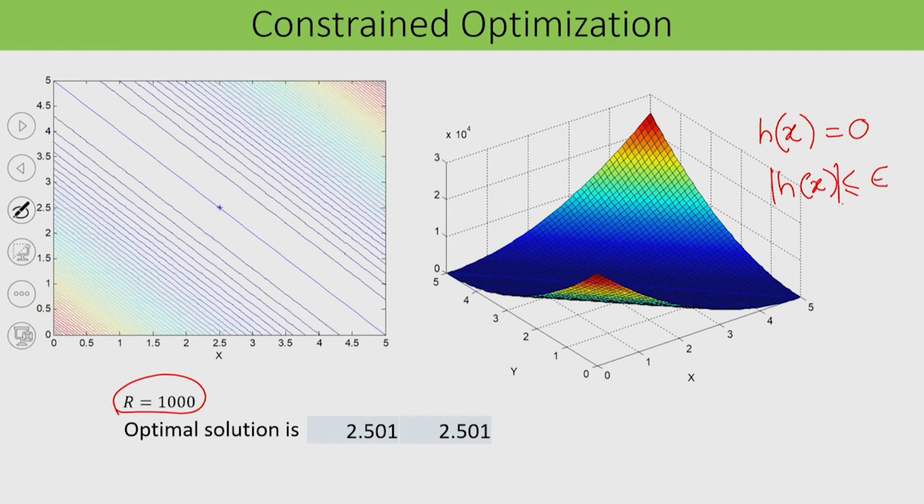So, I am converting the equality constraint to an inequality constraint, and this epsilon value we can define, suppose 10 to the power minus 3, or 10 to the power minus 6, or 10 to the power minus 12, depending upon the problem requirement. Suppose you want a very precise solution, then you can decrease this value.